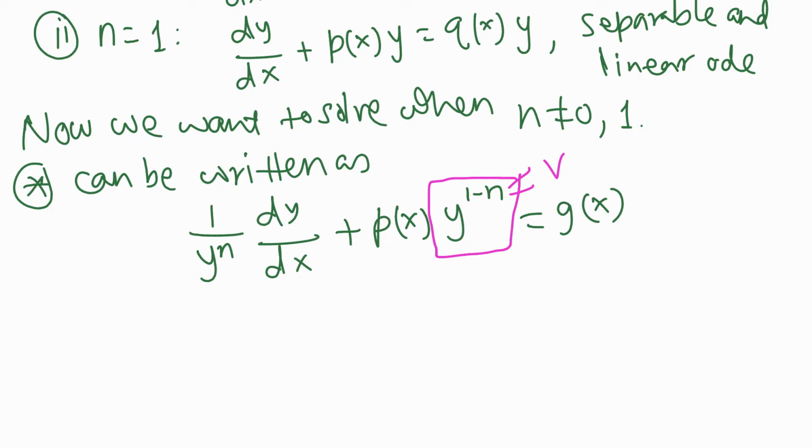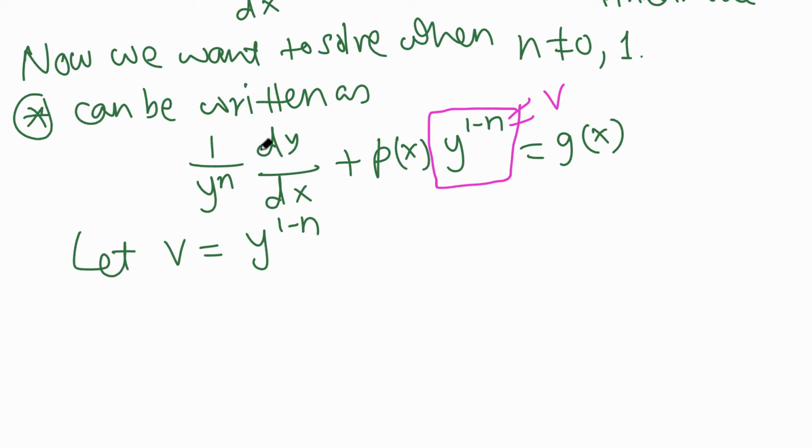That's the thing we do here. We let v be y raised to 1 minus n. Pretty much we are trying to convert this in terms of v and x, so we need to find dy/dx. Let's find the derivative of both sides with respect to x.